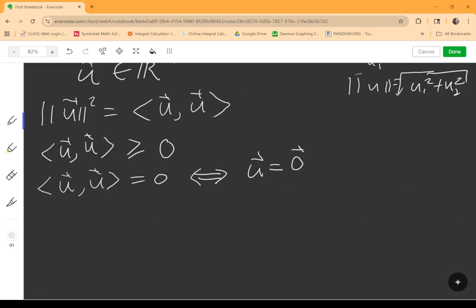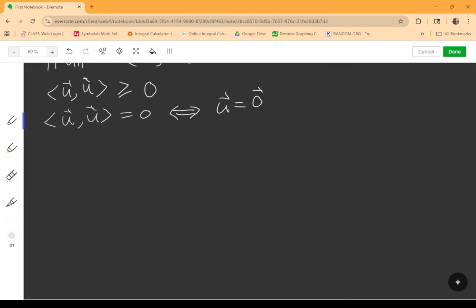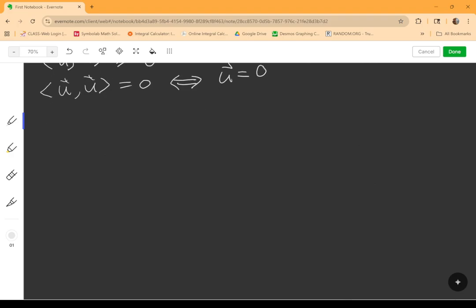So we're going to use this concept of a norm to develop a process of normalizing a vector. Now, before we get into that, let's first define what a unit vector is.